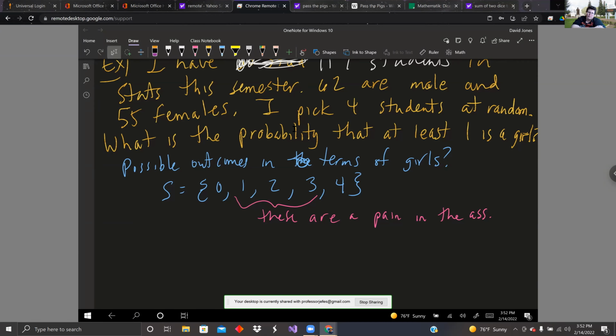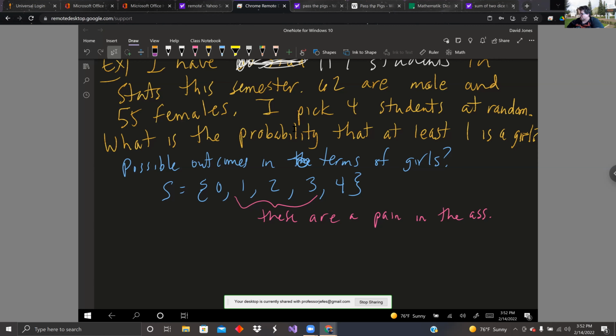The first 2 could be boys, or the last 2 could be girls. And the probability changes based on how many are left when I pick each person. Or the first and third could be boys, or the first and fourth, or the middle 2. There's a lot of ways it could come out, and that's just doing the 2.